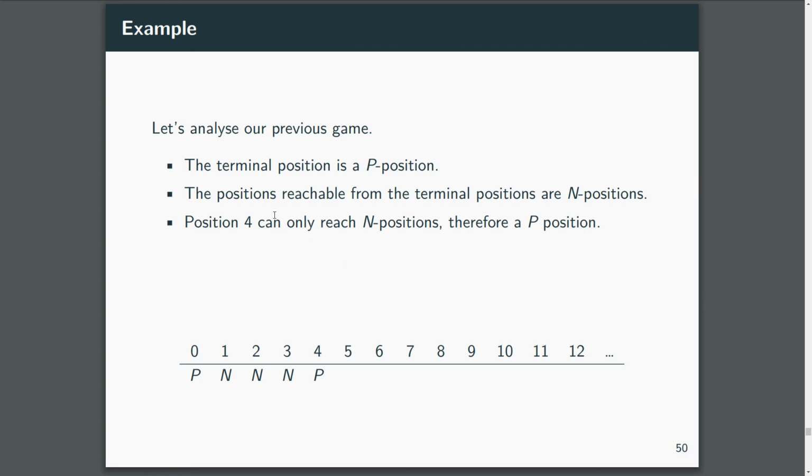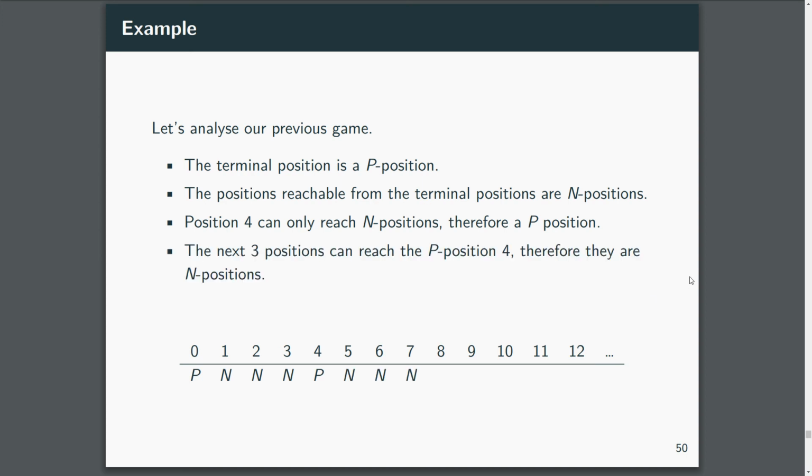Now, position 4 can only reach N positions. So you look from 4, you can reach 3, 2, and 1. The next 3 positions can all reach a P position. So here we can go to 2, we can go to 3, and we can go to 4.